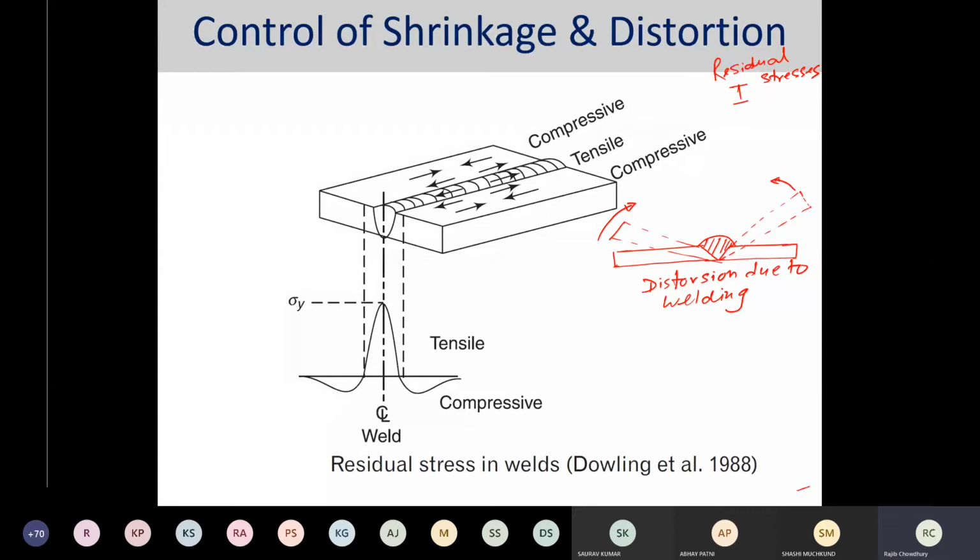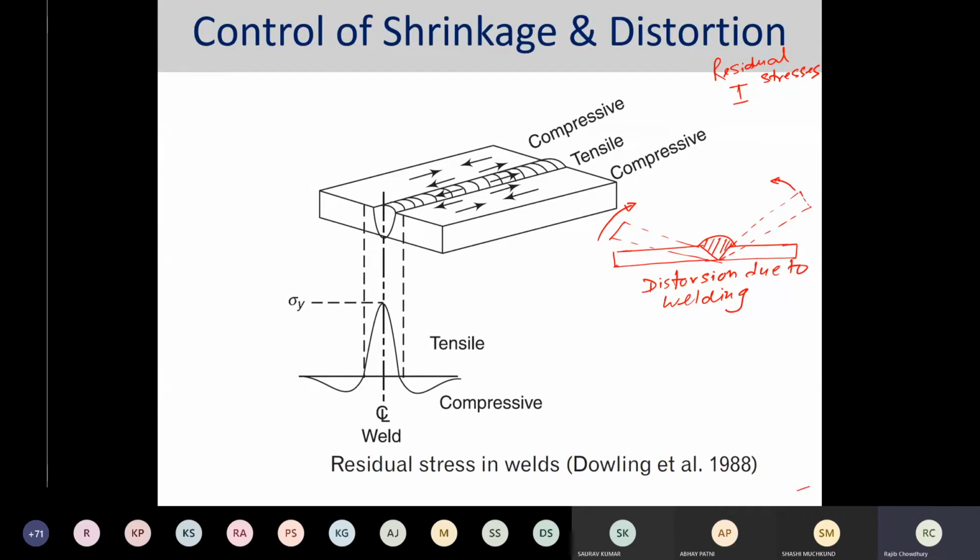The longitudinal shrinkage, which develops due to this cooling down or thermal annealing, can cause the plates to buckle, which we have already discussed, and it has been shown how a particular groove weld is distorted.